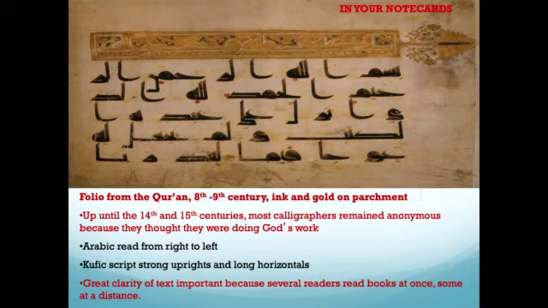That also is not too different than the monks that were creating the illuminated manuscripts of Bibles in those scriptoriums and monasteries where the monks were isolated, and it would take them 5 to 6 years to create one specific Bible. So here we have this great clarity of the text, and again, it's important because several readers read these books at once, and some at a great distance. So that's why the print is so bold, and it's also so large.